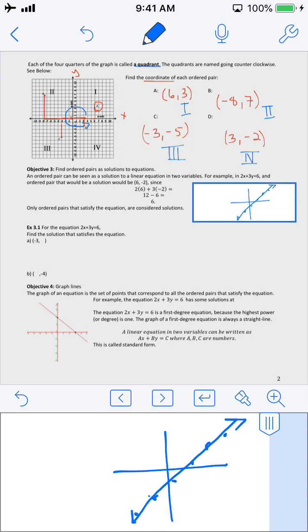Now, a line on a graph does not have points on it, okay? It's a weird way to think about it, but a line on a graph does not have points on it. A line on a graph is a bunch of points. If you were to zoom in infinitesimally on a line, what you would see is not a line.